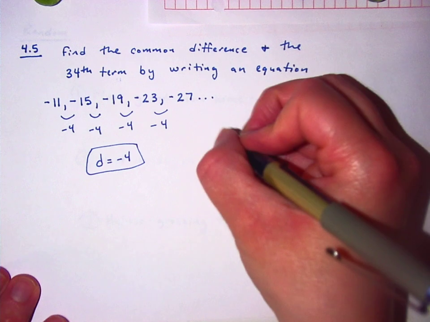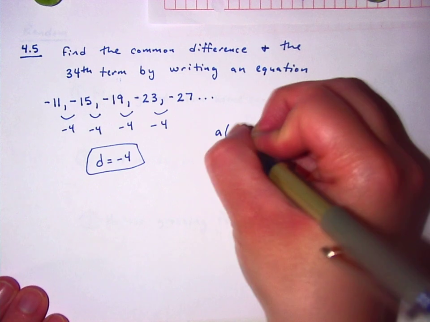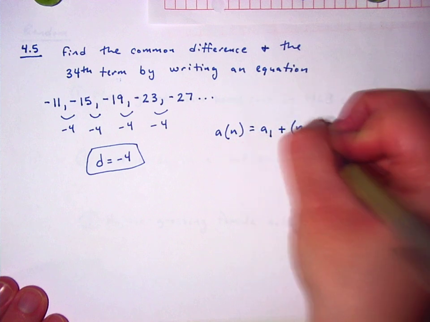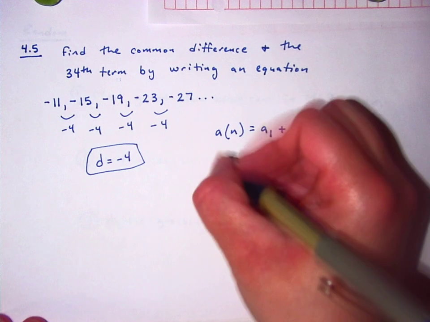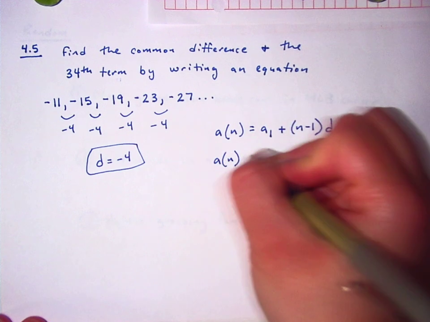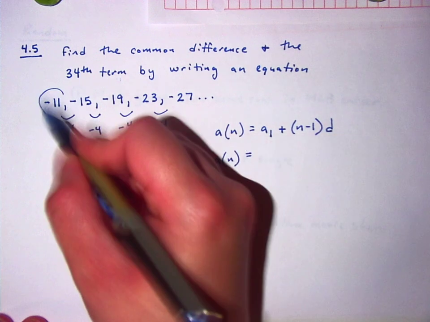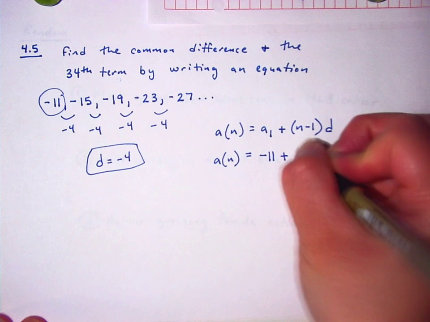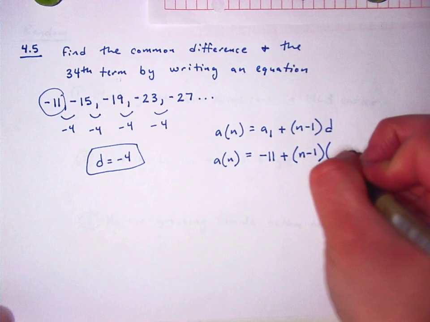Now, the equation for an arithmetic sequence is a of n equals a sub 1 plus n minus 1 times d. A of n is just the name of the function. It's a function with n in it. A sub 1 is that first term. So that's negative 11 right there. N minus 1 is going to be the variable. And the difference is negative 4.